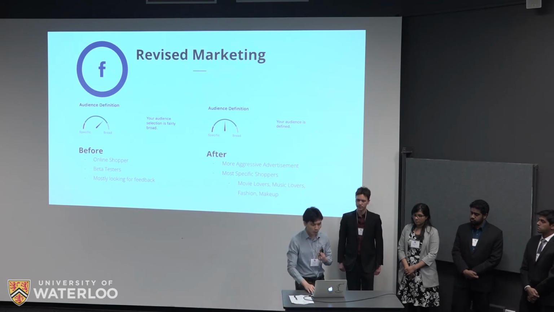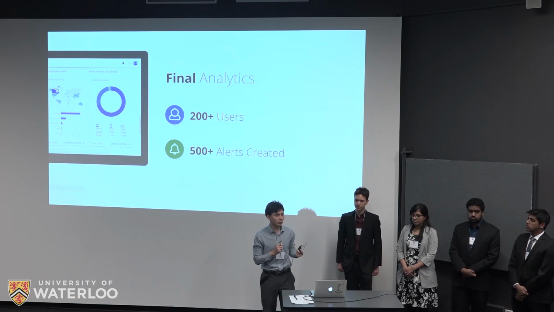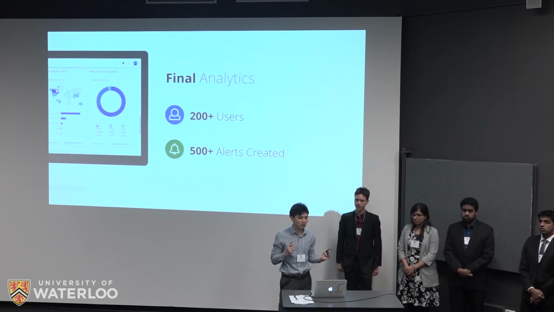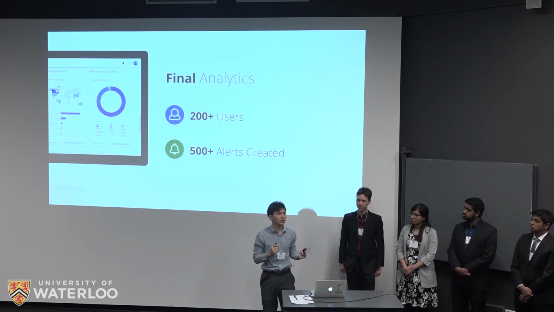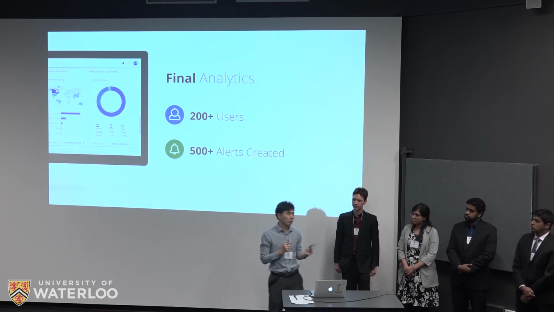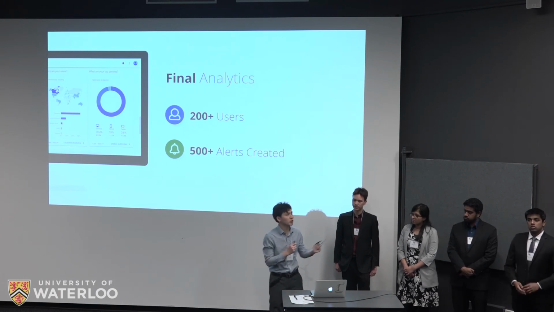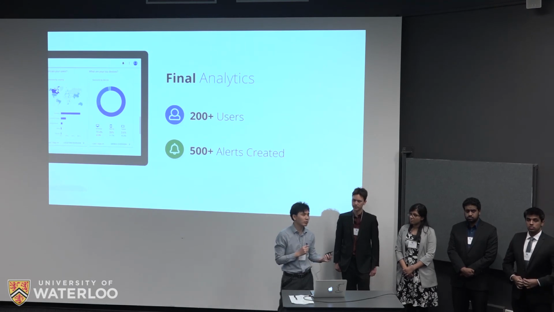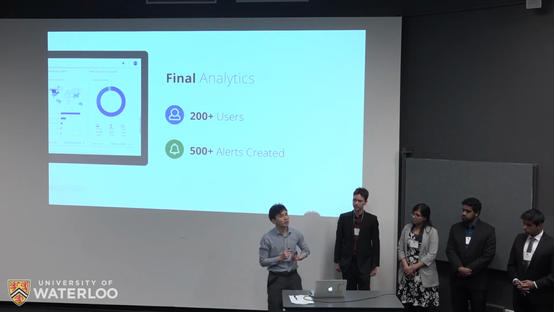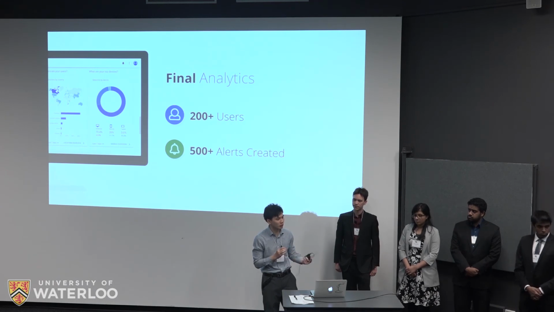From doing all that, in our final launch, we were able to get 200 plus users, and amongst all of them, they created 500 plus alerts. This was due to the fact that we had mobile compatibility, so we're capturing a large portion of users who were unable to use our app before. People who are now on Safari and Firefox can now use our app. And now that we have more targeted ads, we're able to reach people who are more likely to use our app.